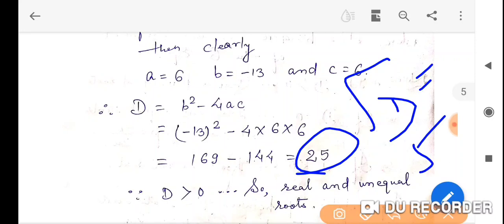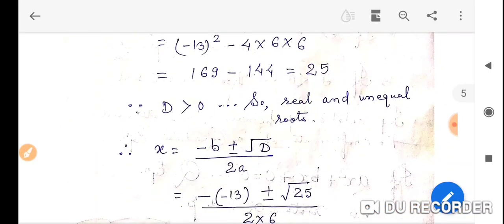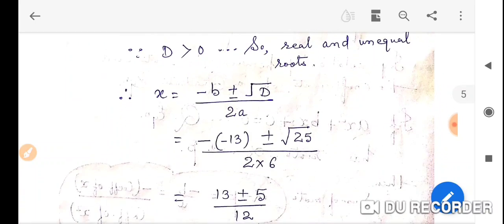Since d is greater than 0, according to the condition, the nature of roots is real and unequal. There will be existence of real roots and both the roots alpha and beta will be unequal.